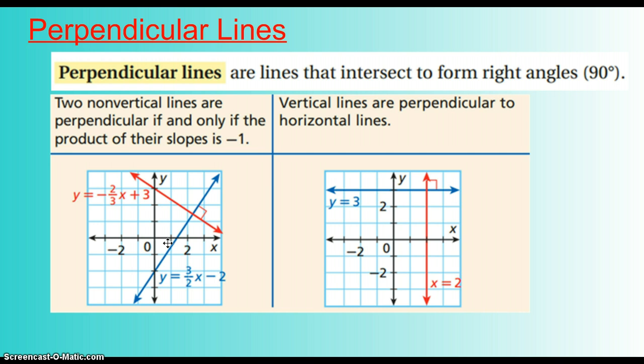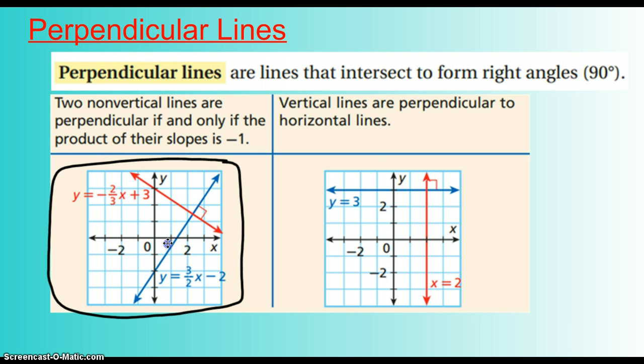The definition that they use is that two non-vertical lines are perpendicular if and only if the product of their slopes is -1. That's kind of confusing. Basically, what I want us to take away is this: in the left graph, we've got two lines in slope-intercept form, and they form a 90-degree angle.